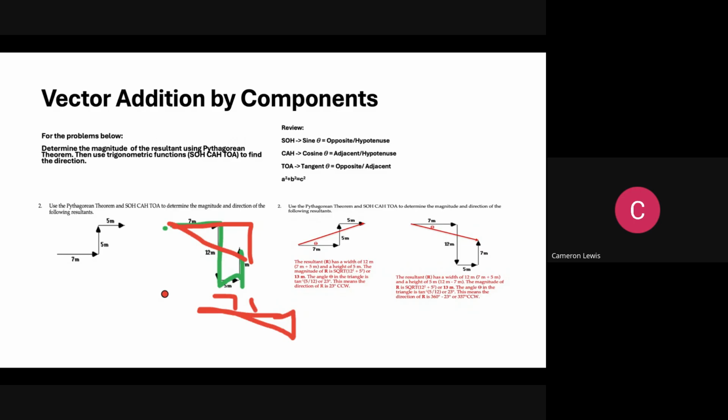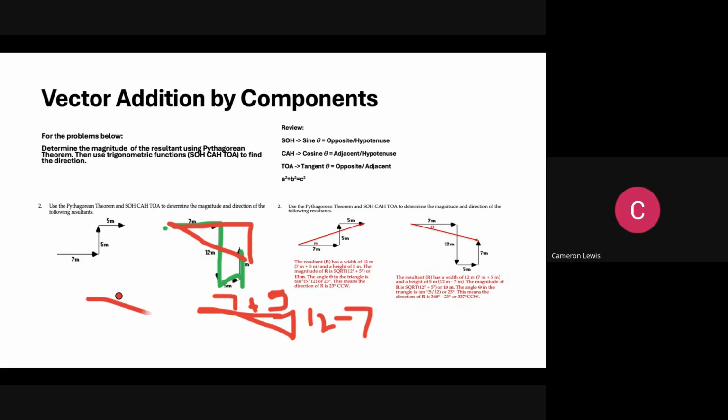So I'm gonna add those together. This is 12 minus this 7 over here because of the opposite directions. So now you have those, and then you just take those together.